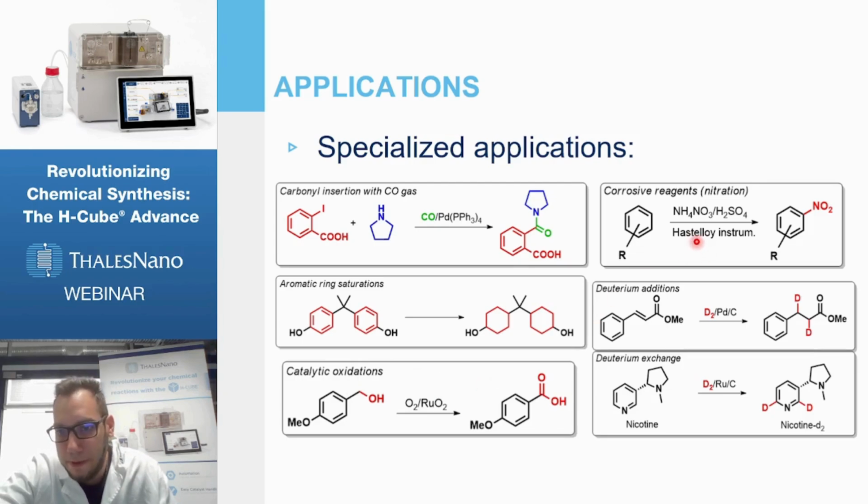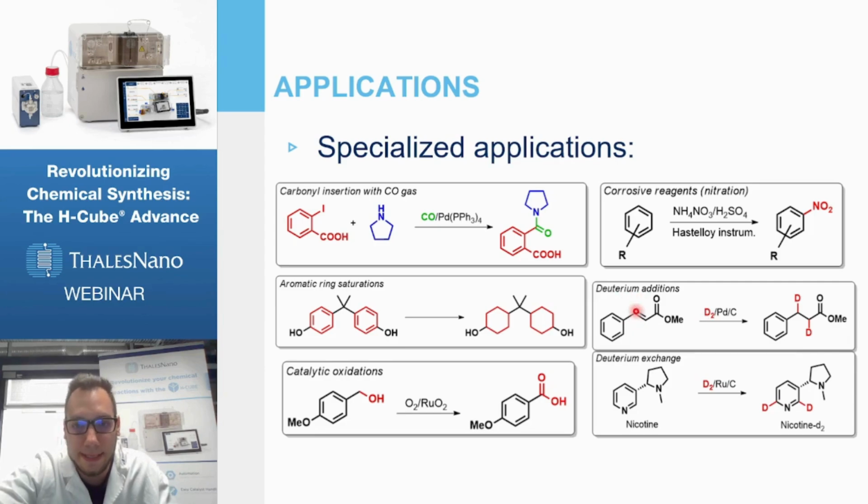The Hastelloy version of the instrument also allows the use of corrosive agents. So for example, nitration becomes possible in continuous flow. Again, you would turn off the hydrogen production for this reaction if you are only interested in the nitration step. And then the cell itself is also capable of handling deuterium oxide, heavy water, to produce D2 gas in situ.